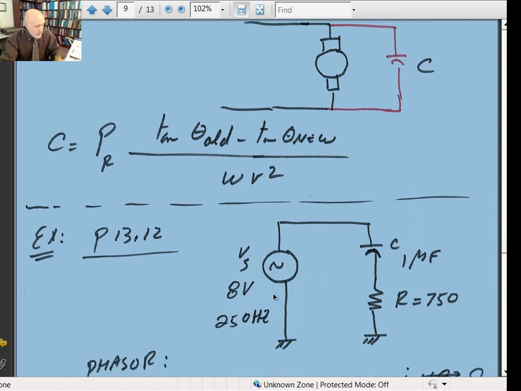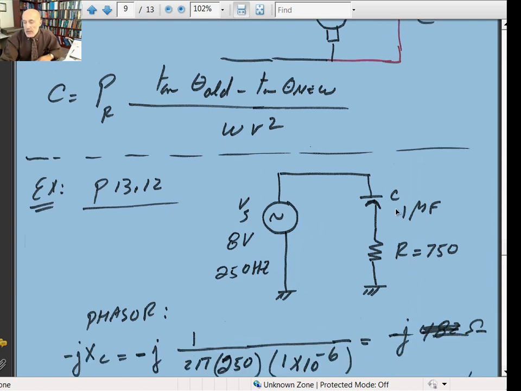So in circuit 35B, they have an 8 volt source at a frequency of 250 hertz. The capacitance is equal to 1 microfarad, and the resistance is equal to 750.